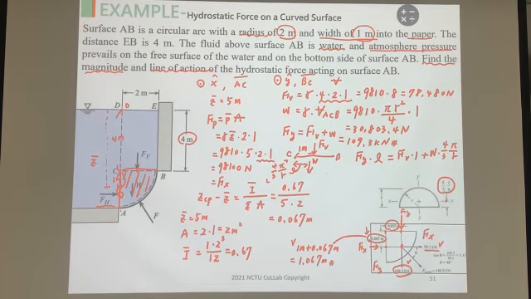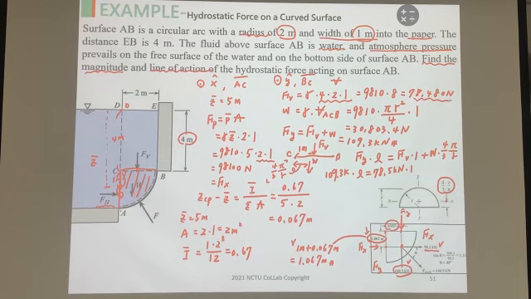We know the Fy is 109.3 kilonewtons multiplied by L, equal to 78.5 kilonewtons multiplied by 1 meter.